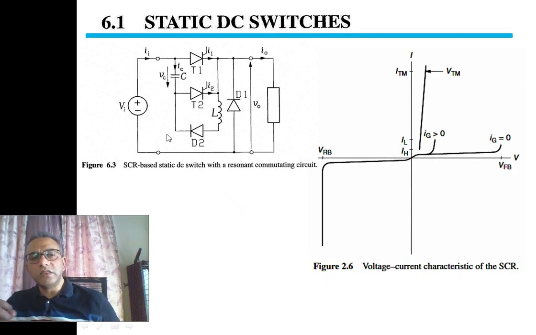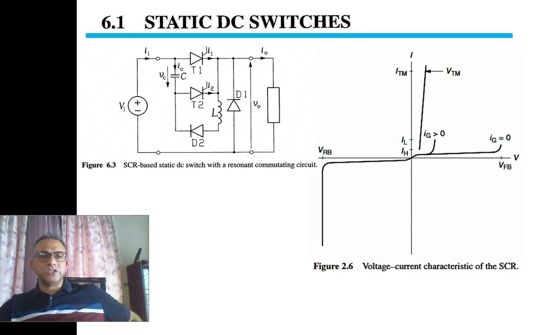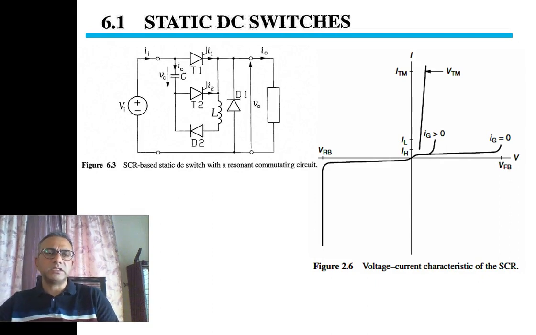And to turn on the SCR, there is a separate driver circuit, which is not shown in this diagram, as we have done this in a previous lecture. The driver circuit will provide enough gate current, IG, to turn on the SCR. However, the driver circuit will not be discussed here. We will only discuss the turn off procedure of the SCR.